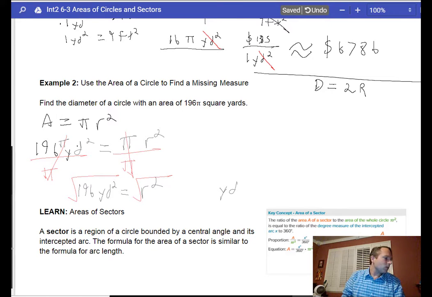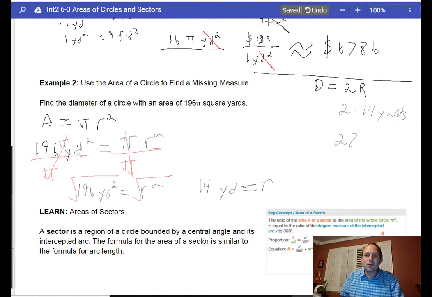And the square root of 196 is 14. So it's going to be 14 yards is equal to the radius. Oh, wait, there's more. The diameter is 2 times the radius. So if I take 2 times 14 yards, the diameter is going to be 28 yards.